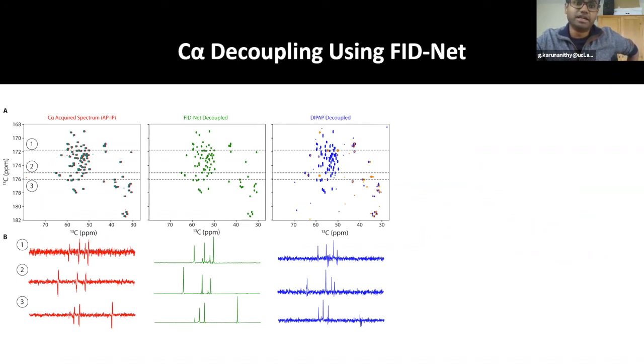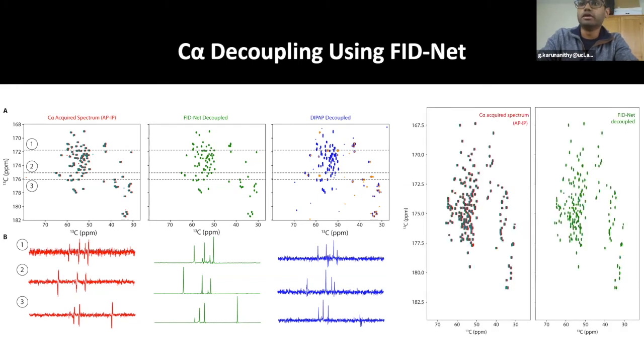That's a nice C alpha CO spectrum, purely on the basis of the spectrum to its left. And then we have a DIPAP decoupled spectrum. The spectrum on the right took twice as long to record, actually, and clearly is worse than the FIDNet decoupled spectrum on the basis of the anti-phase in-phase spectrum alone.